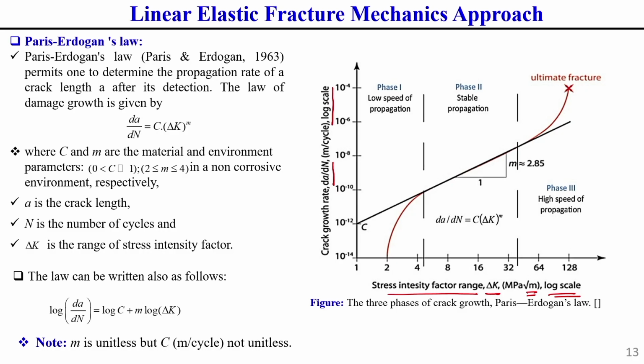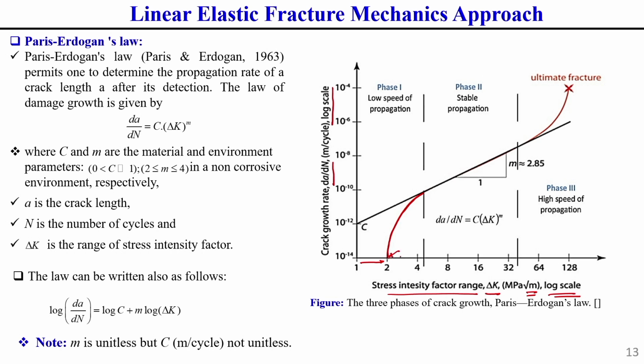Here we are roughly showing some values for a particular type of material. What happens is that the crack does not start suddenly. To start a crack, some value of delta K is required.